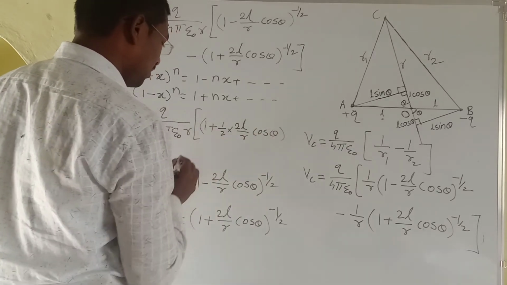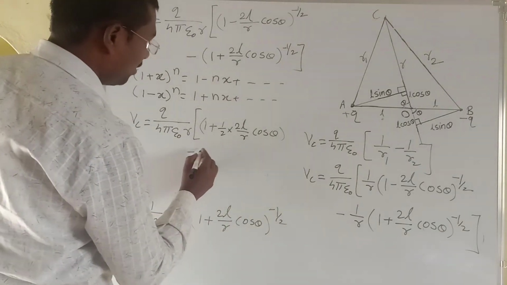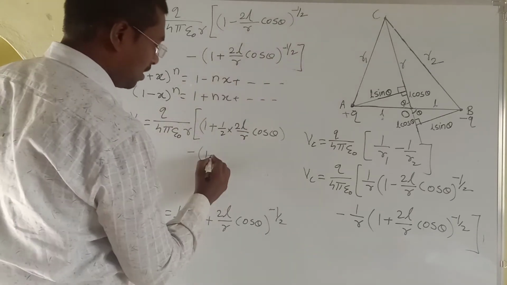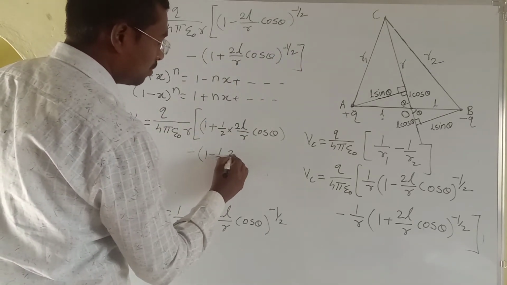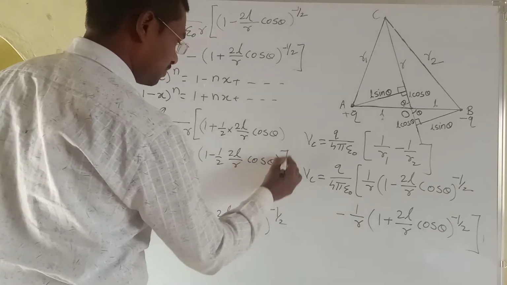There is one term, and the other term is minus this 1, this minus 1/2 into 2L upon R cos θ.